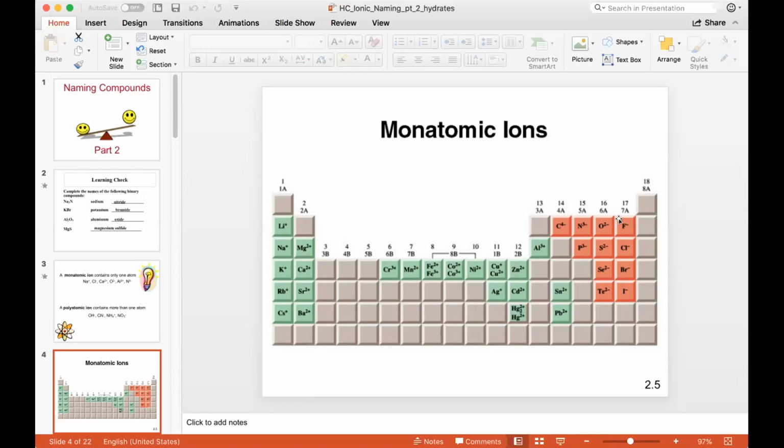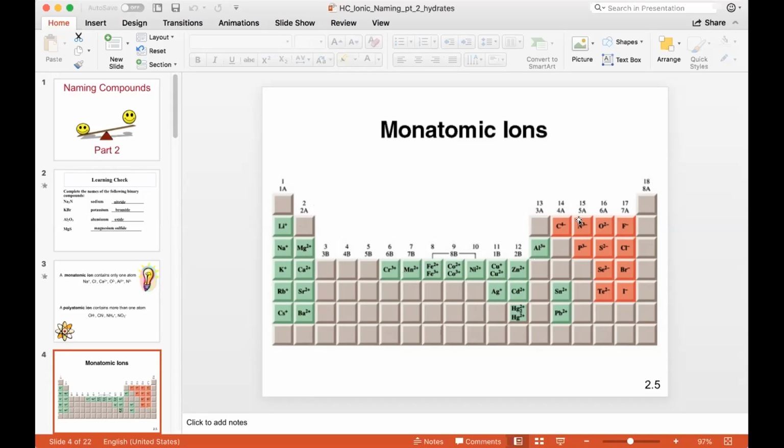Hydrogen, when it bonds with these elements, usually forms covalent compounds that are acids, and beryllium doesn't typically take part in ionic bonding. These are transition metals, which we'll study a little bit tomorrow, and aluminum is the only common ion that forms ionic compounds.